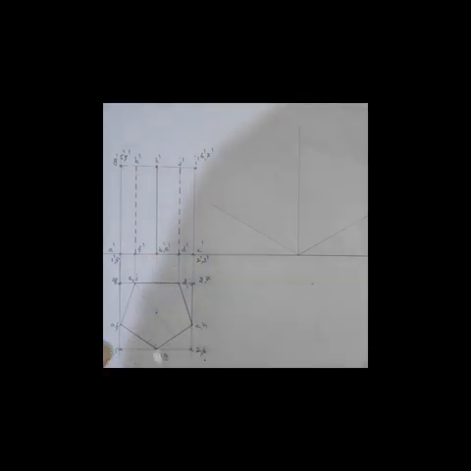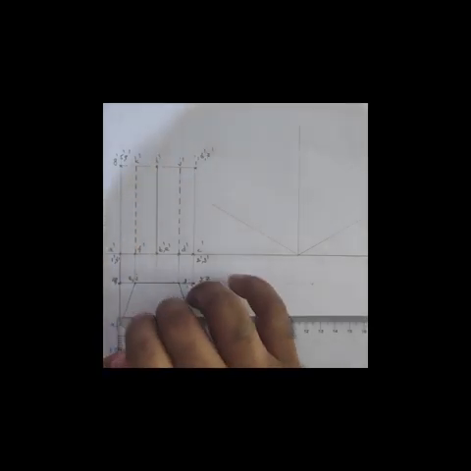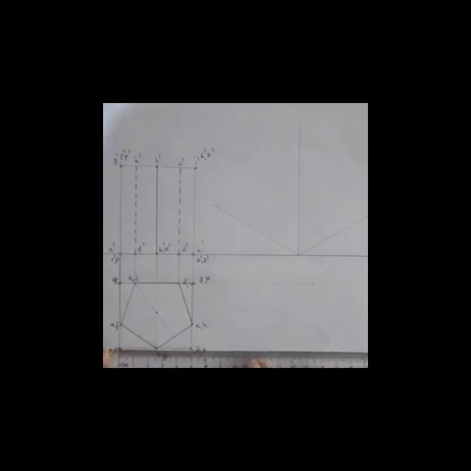After that, first of all you are considering the isometric projection of this enclosing square prism. For drawing isometric projection you have to take the isometric scale. Here first of all let us mark the position of point 2.